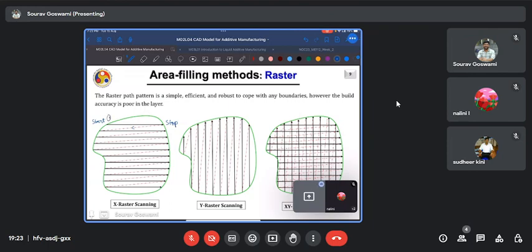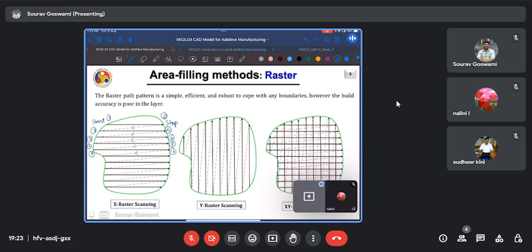So here, all the odd numbered points are start points, and all the even numbered points are actually end points. And these red paths that we see are simply the tool travel without any deposition.